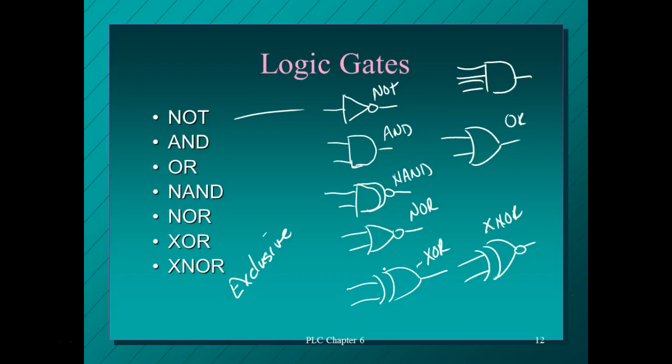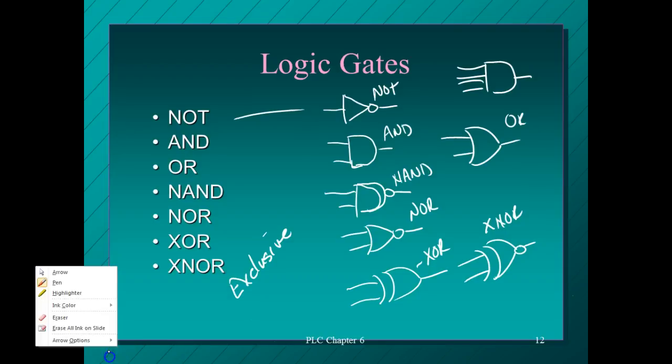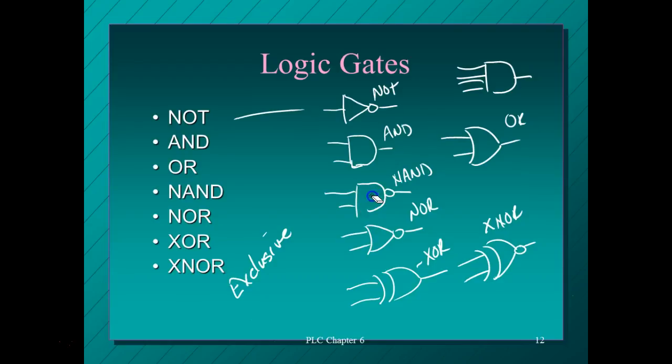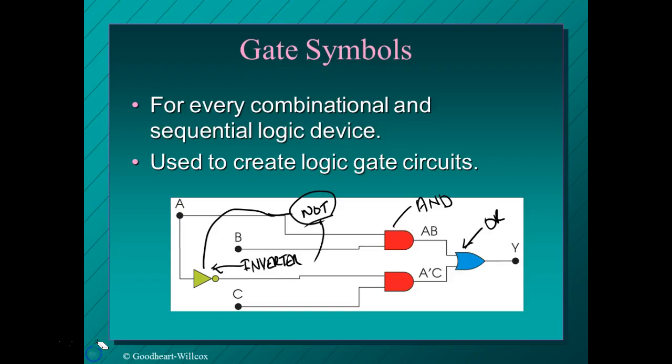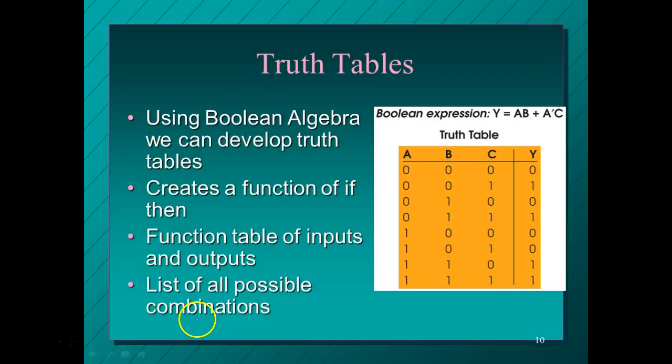Everybody okay? Okay. There are no separate symbols for the NORs and NANDs; they look sort of like their counterpart, but what we do is we put a bubble on the output. We call that a bubble, by the way, for obvious reasons.